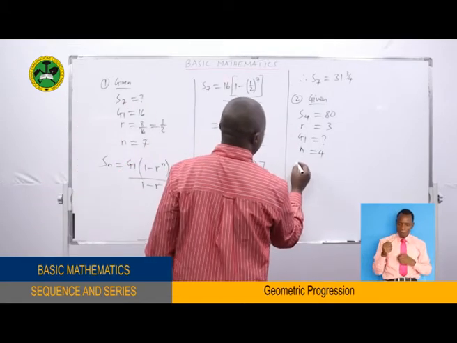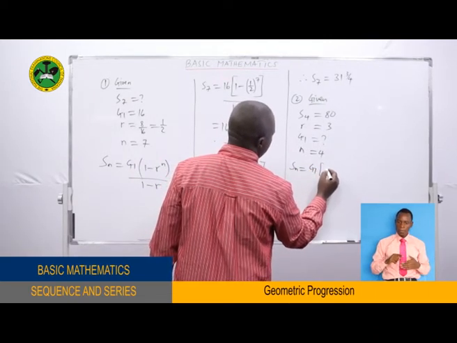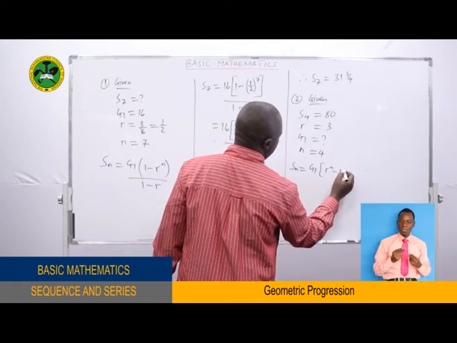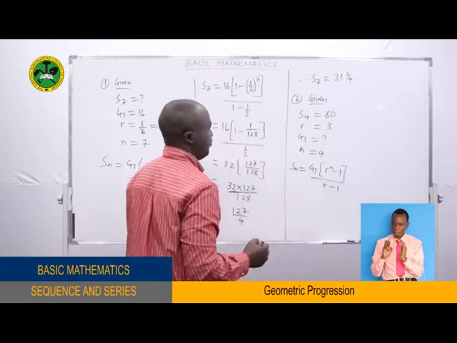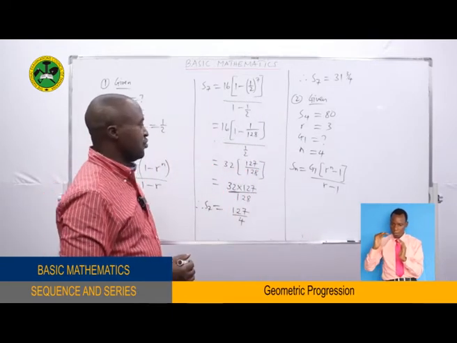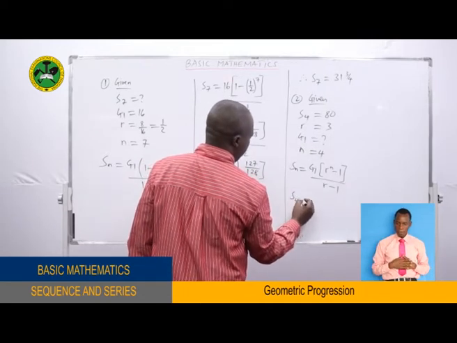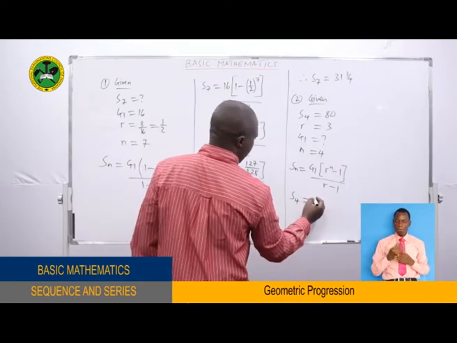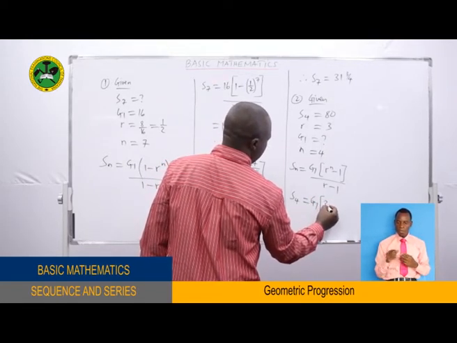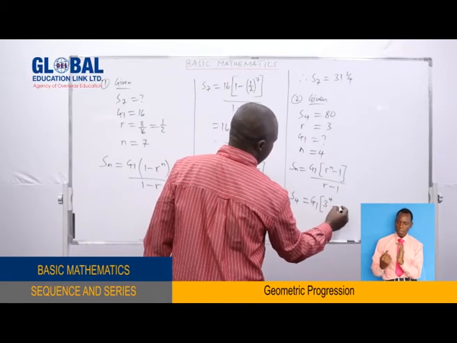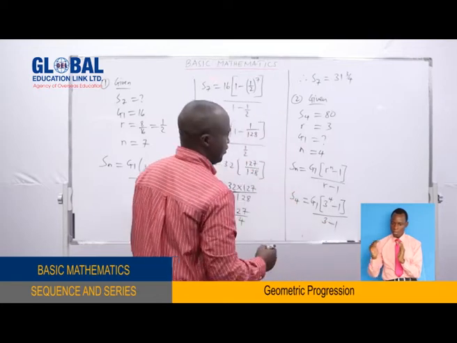So here we have Sn is equal to G1 bracket of r to the power n minus 1 over r minus 1. So here S4 is equal to G1, then bracket of 3 raised to 4 minus 1, this one over 3 minus 1.